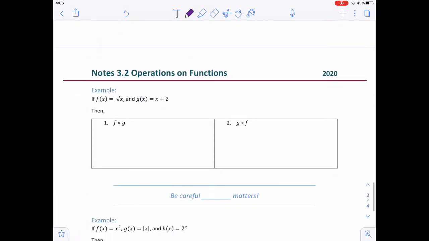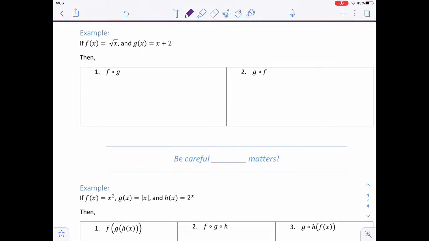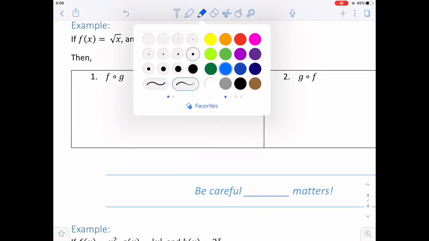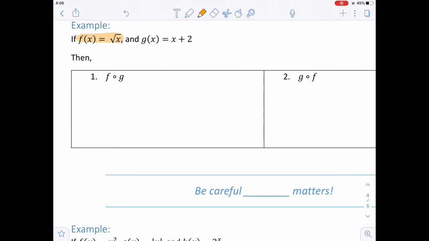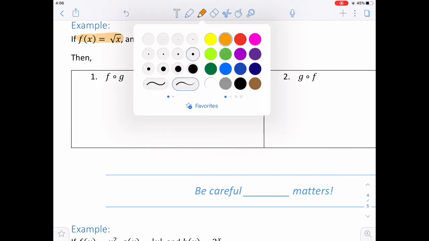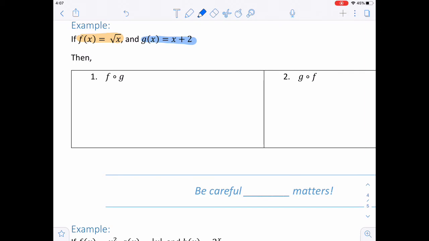Okay, so let's do some practice. So let's say that f of x is square root x. And g of x is 2 plus x. Right, so our first one says f of g. So that means we're going to put or plug g into f. So f of x, let's just remind ourselves, f of x is square root x.